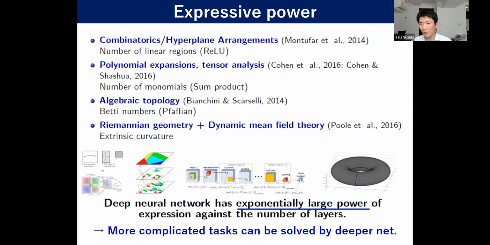That means that if you increase the number of layers, the expressive power of the model increases in an exponential order, not a polynomial order. Therefore, the deeper network is more efficient at approximating some target functions than shallow networks.